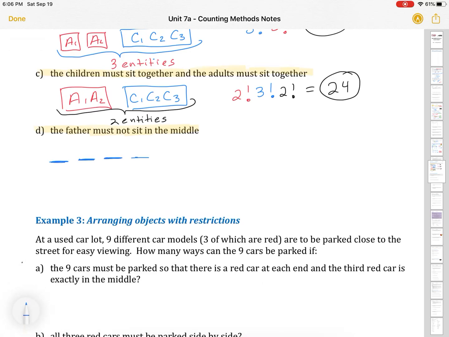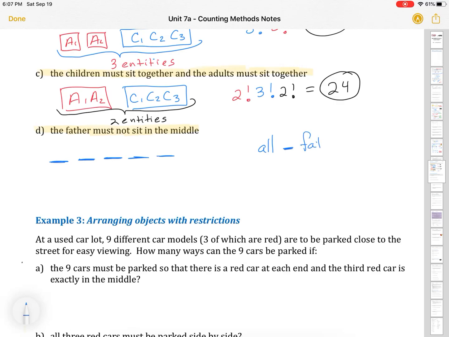Okay? So, looking at our picture, there are our seats, right? What we have to do is take all the options minus the one where the father is in the middle, okay, to get our answer.